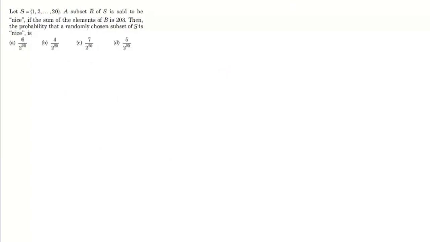Now here the question is, we have this set S, and a subset B is said to be nice if the sum of elements of B is 203. Now if we look at the sum of all elements in S, it will be 1 plus 2 up to 20, which is n into n plus 1 by 2, and that will be 210. Now this sum will be nice if it is 203. That means we have to subtract 7 from this. Now in how many ways can you subtract 7?